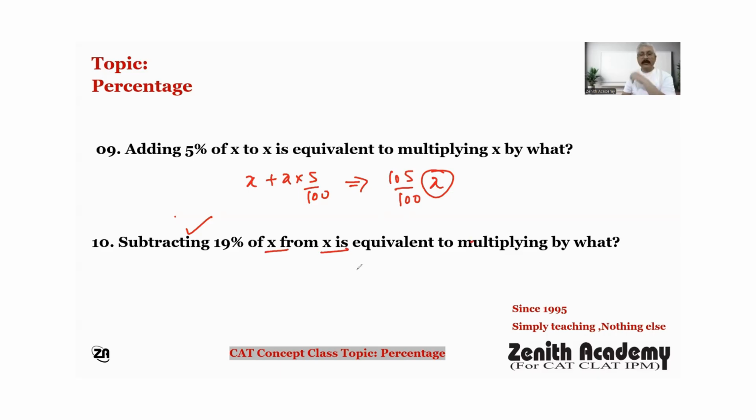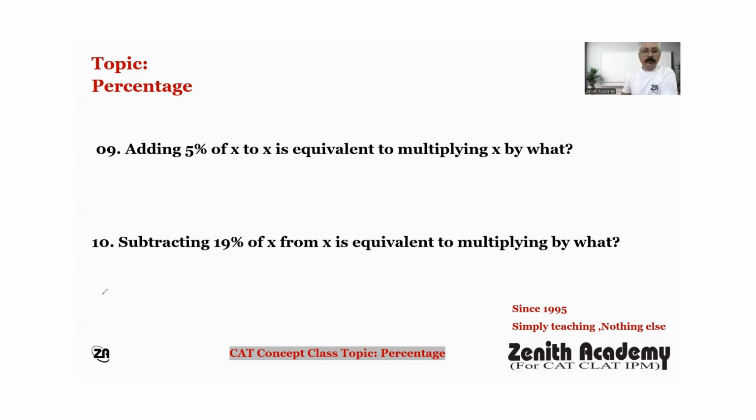It is 100 minus 19, 81%. So if you subtract 19% of a number from the number, then the resultant number will be 81% of the number. These are simple and basic information. x minus 19% of x is going to equal 81% of x. So these are simple calculations, not questions.